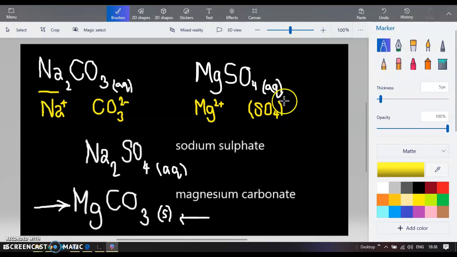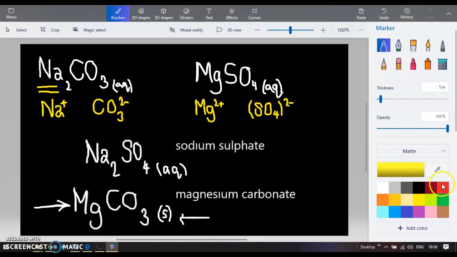The SO4 is 2-. So you can see that these two balance each other out. That's why you need one of each. But you need 2 of the sodiums to balance out the double negative charge of the carbonate.